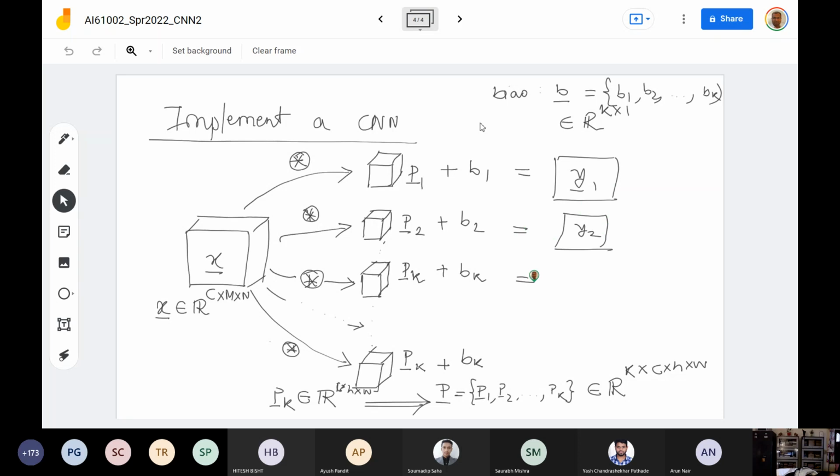Like this, it keeps on going up to the kth channel, Yk, and the final one, Y capital K. Now if I concatenate all of these, my resultant Y is a concatenation of Y1, Y2, like this up to Yk, such that this will now belong to K cross OH cross OW. This is what we would be getting.